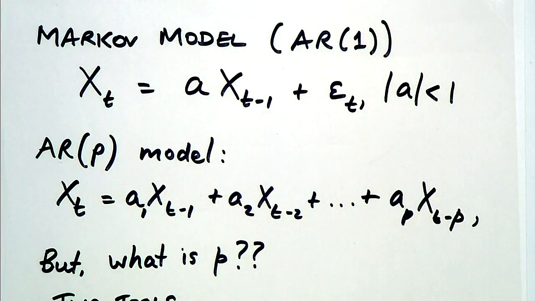X now is equal to some constant, which is generally smaller than 1, times x one time period in the past, plus error. So what this model means is there is explicit dependence between x now and x one time period ago. So in this case, x last quarter.